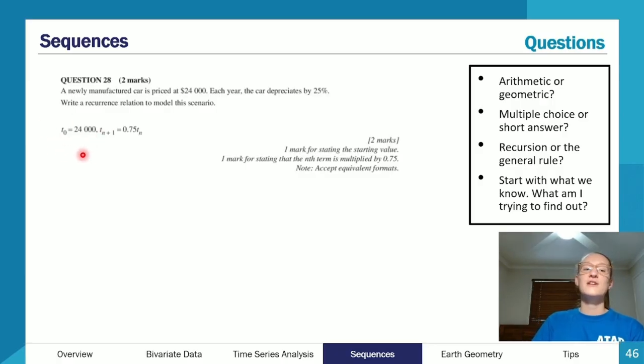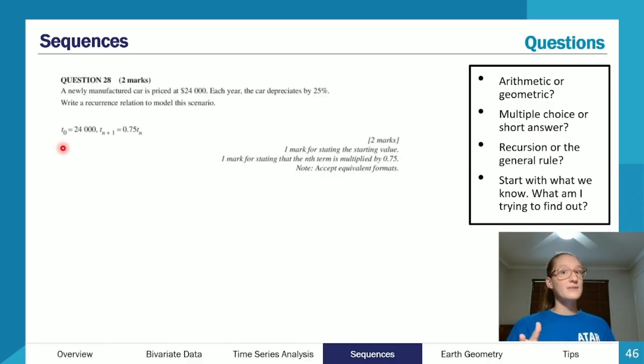And this is an interesting note here. I kind of alluded to this a bit earlier as well. Why am I saying T0 equals $24,000 when normally we start with T1? Sometimes, and this is where it gets quite tricky, in word problems, depending on what we've defined our variables as, we actually start with T0. That's because in this scenario, we've defined n as the number of years that have passed.